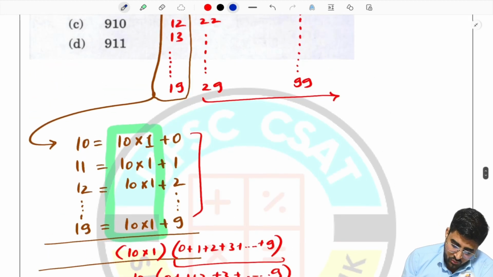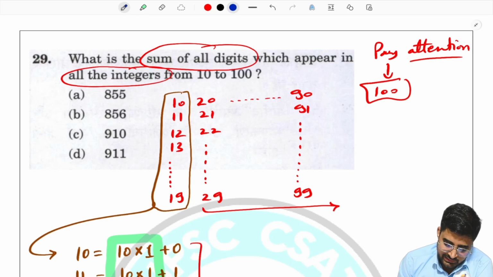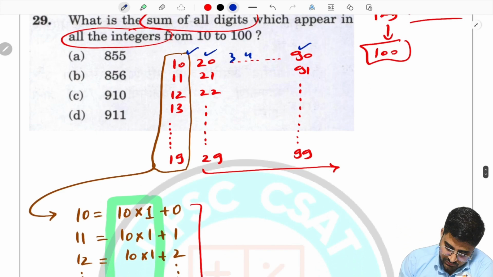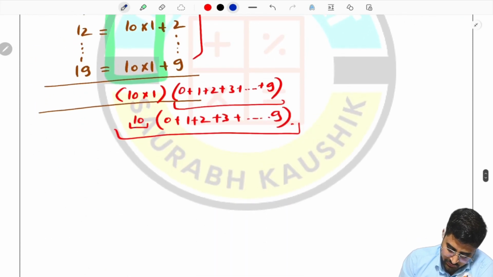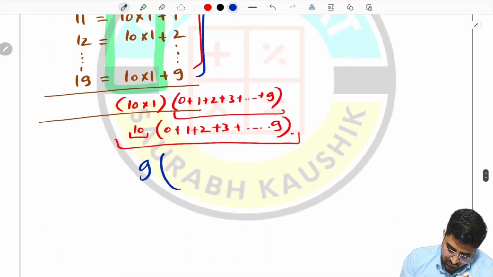Now how many lines do we have? 1, 2, 3, 4, 5, 6 and 9. So 9 times the same situation happens.